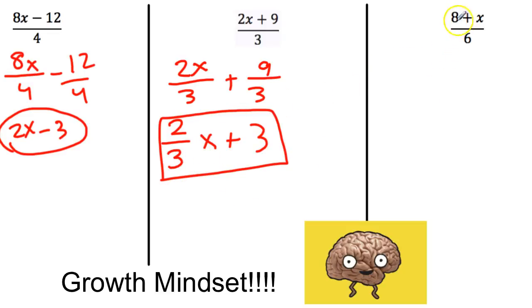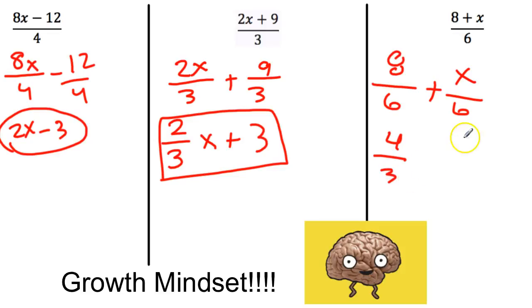The last one we have, (8 plus x) divided by 6. One more time, we're going to break it into 2 fractions. So 8 over 6 plus x over 6. Can this be simplified? Yes, they're both even numbers, so they can be divided by 2. So 8 divided by 2 is 4. 6 divided by 2 is 3.